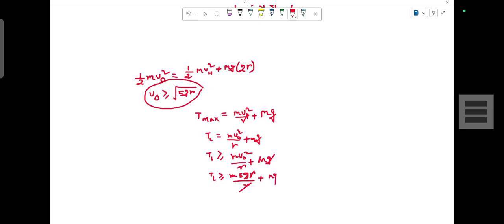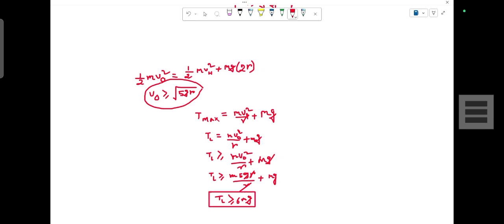You can say TL must be greater than or equal to 6 mg for a looping. You can calculate from here.